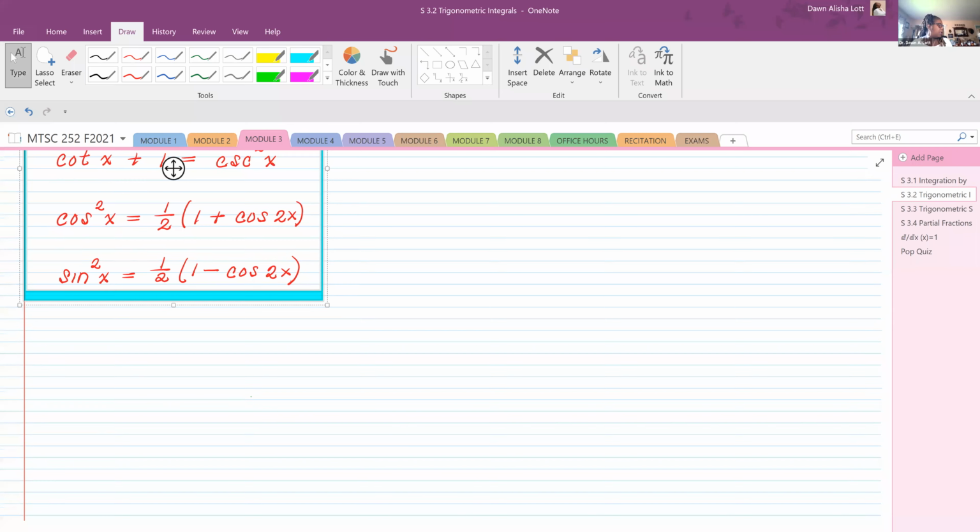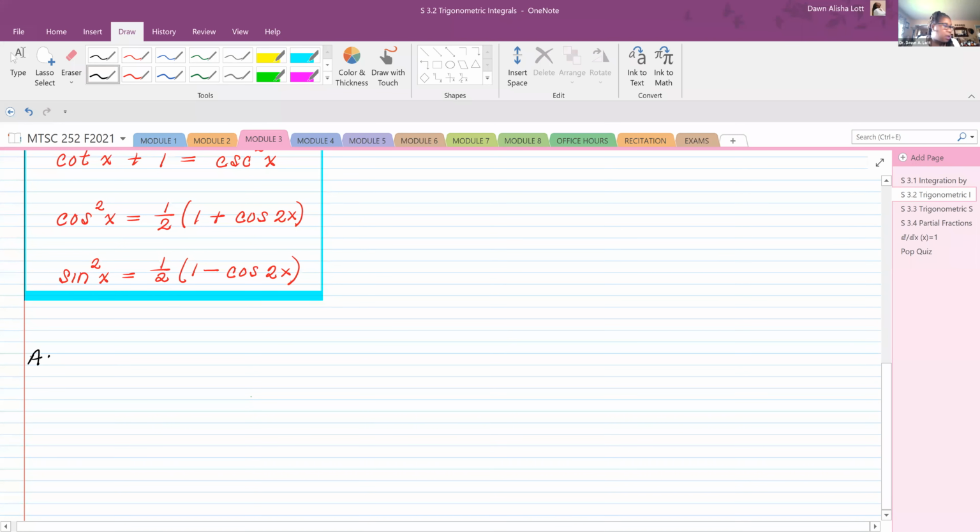Okay. So the first thing we want to do is integrate powers, the integral of sine squared of u du and the integral of cosine squared u du. So these are rather easy.